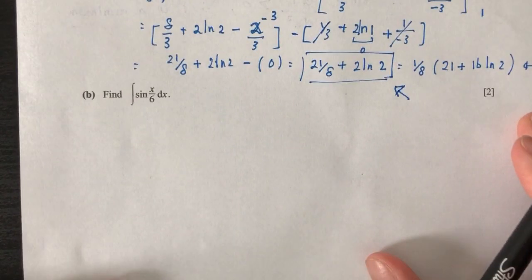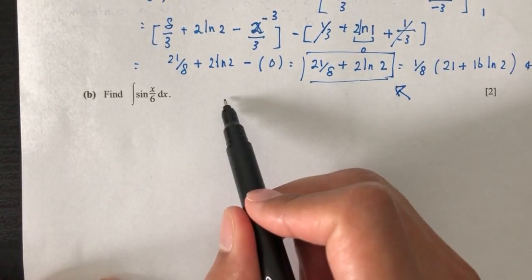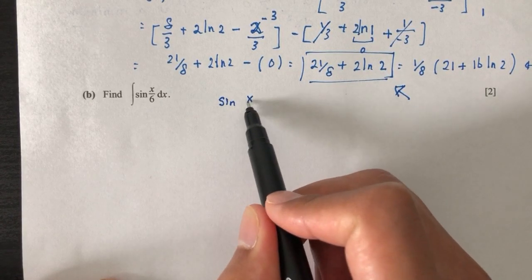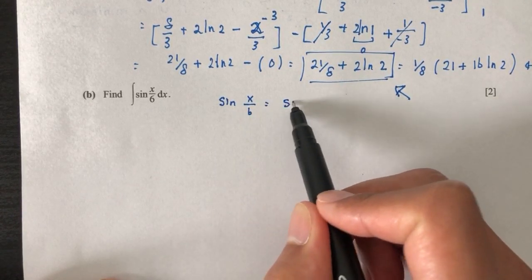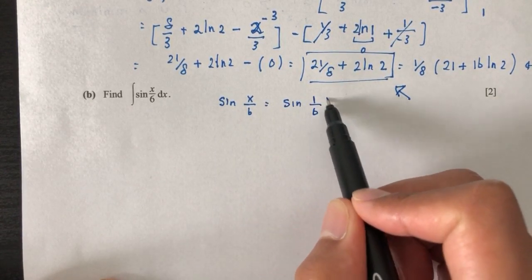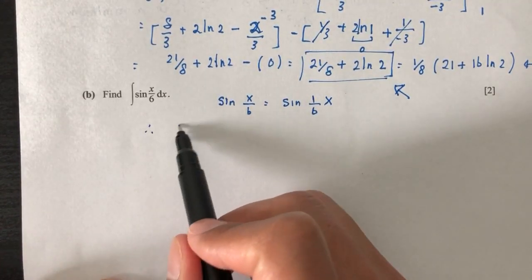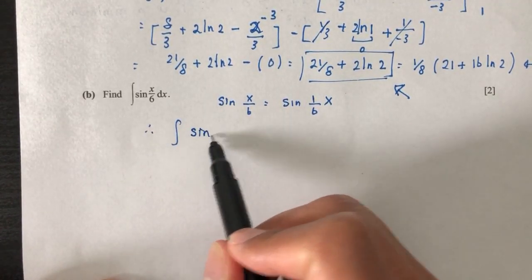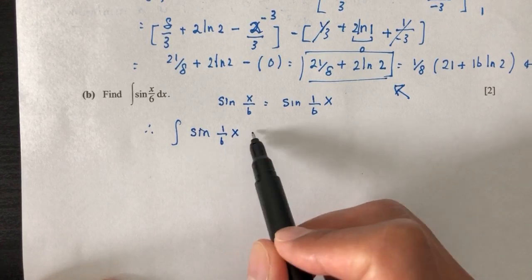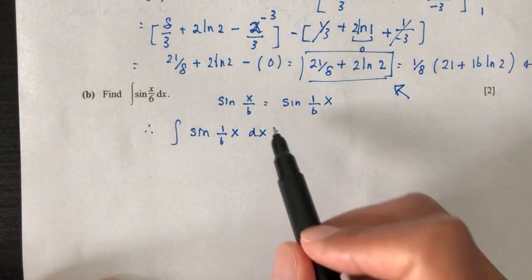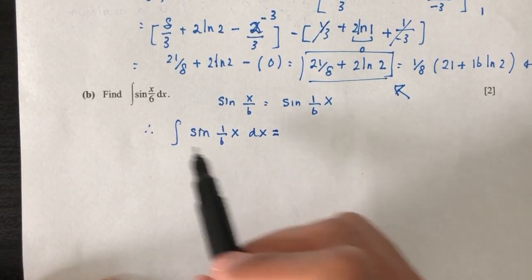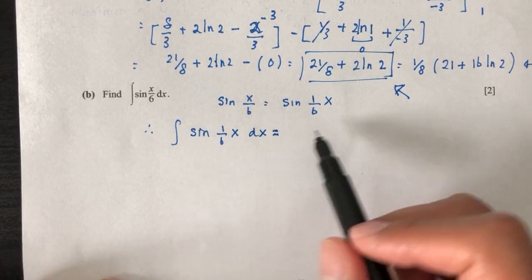Now for part B, find this one. So what is sine x over 6? It is basically sine of 1 over 6 times x. So integrate this, you will have sine of 1 over 6 times x dx. So pretty easy. You have to integrate this sine.